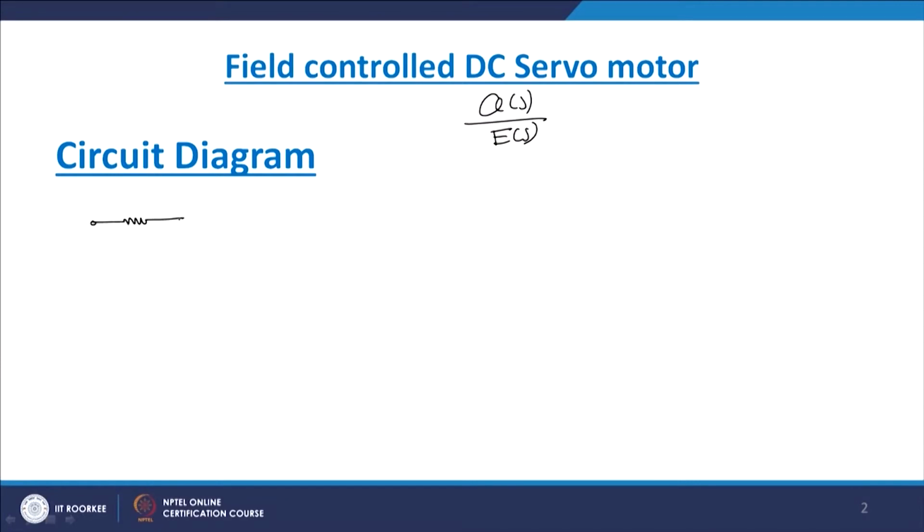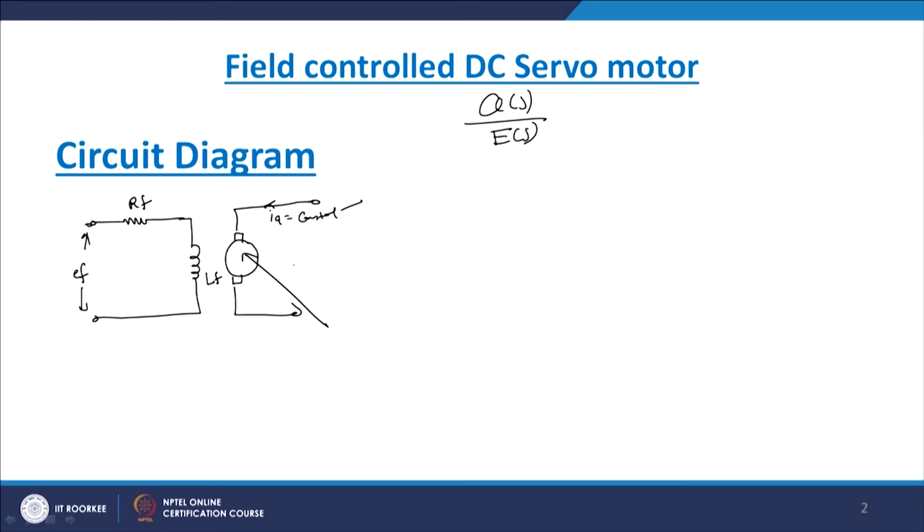So, this is the field resistance RF, this is LF, and here is the applied voltage EF, and here is the armature part, and the current flowing here is I, which needs to be constant, and here we get the motor torque TM.